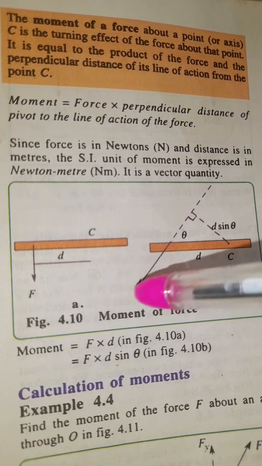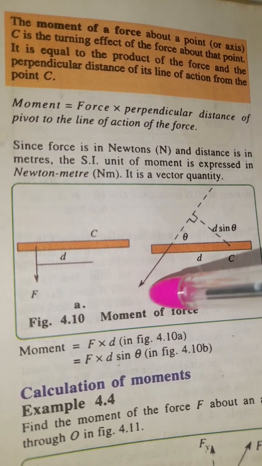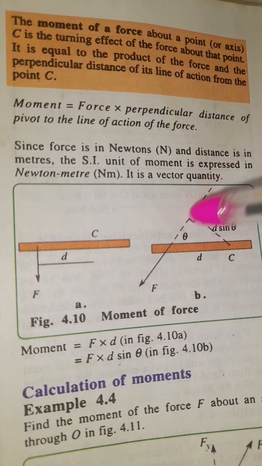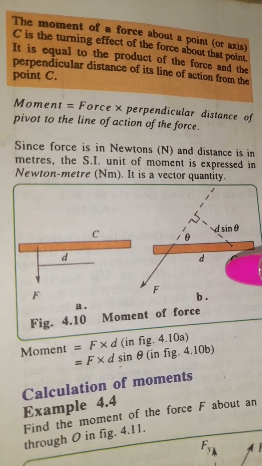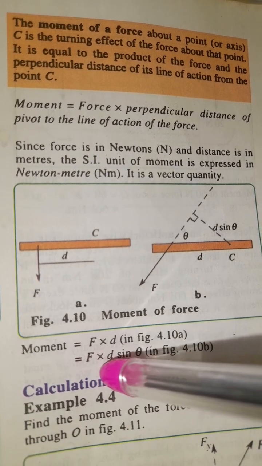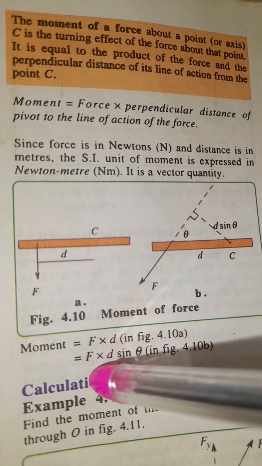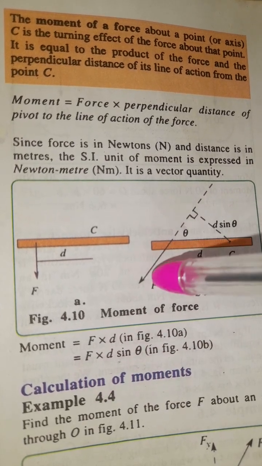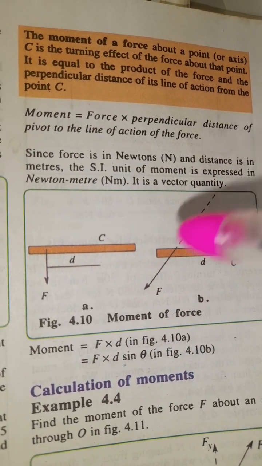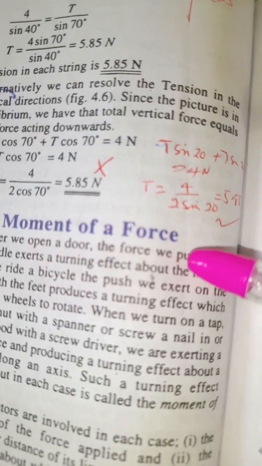So to find the moment of this force, the turning effect of this type of force that is placed in a manner that is not perpendicular to C, we are going to say the moment is F times d sine theta. So from this explanation, I hope you understand what the moment of a force is.